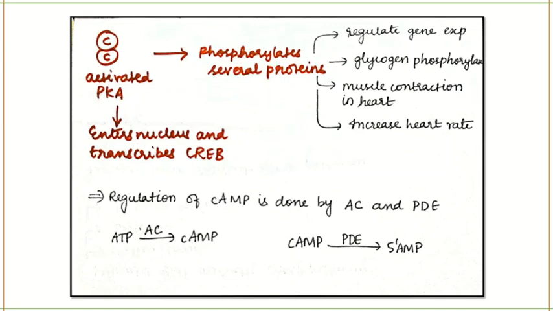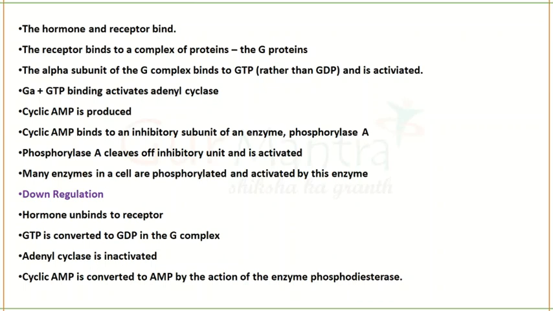It cannot activate protein kinase A. So this is how the inhibition of cyclic AMP happens with the help of the enzyme phosphodiesterase.